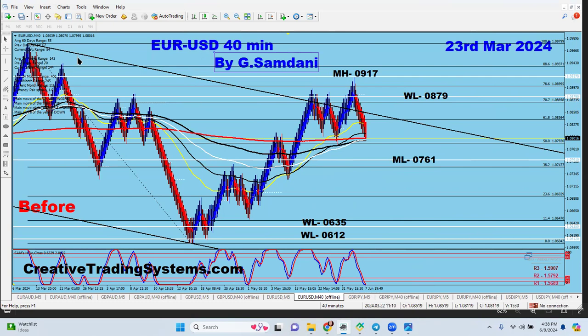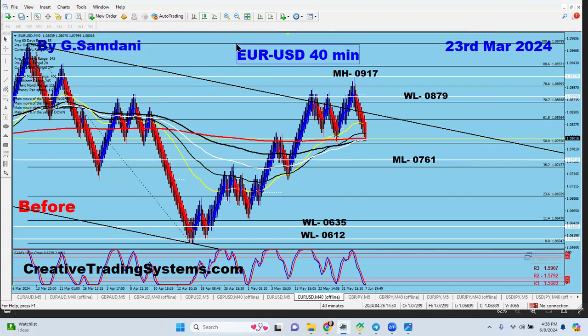How pathetic can it get. 55 pip it moves in a whole day. If you find an entry after 25 pip has already moved in the day, then you only have a shot at a 25 pip trade for the whole day. Do I really want to touch this pair? I don't. That's why I said I don't have a single trade on Euro USD.